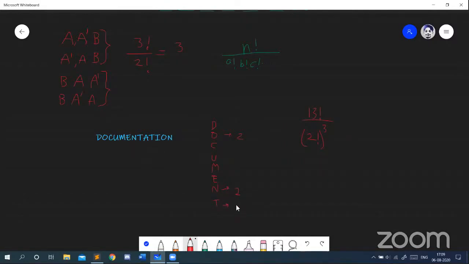There are 2 D's, and then there's 1 A, and we're done. And actually there's 1 I, and now we're done, right? So this will give us 13 factorial over 2 factorial cubed, and that's the answer. Great.